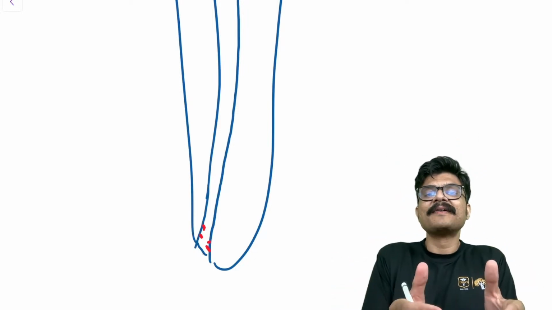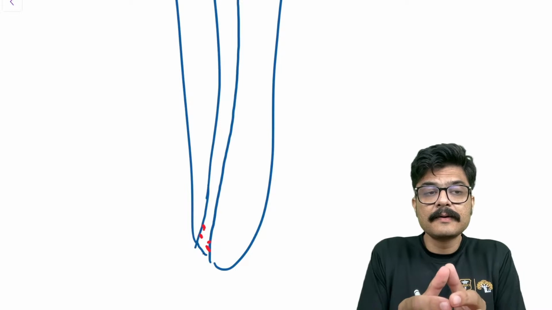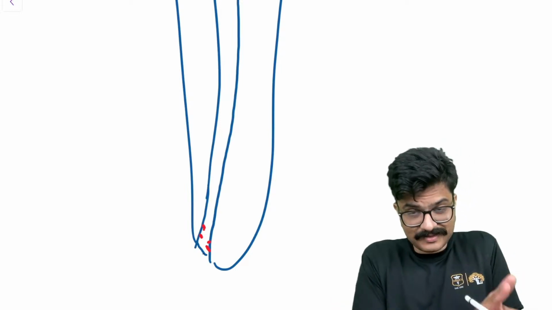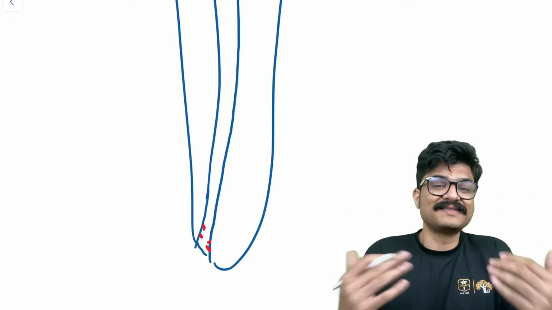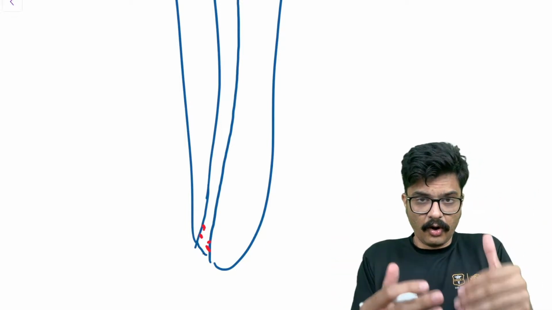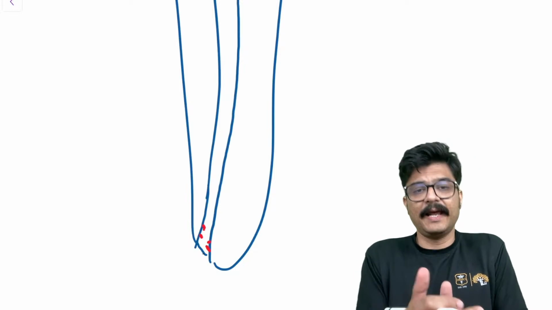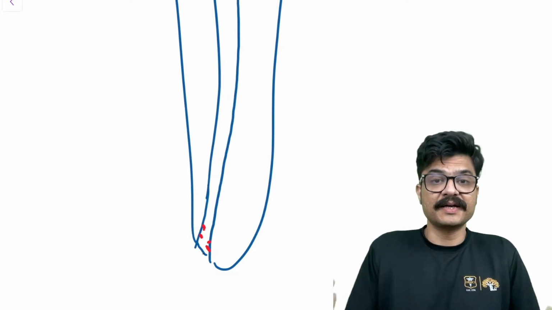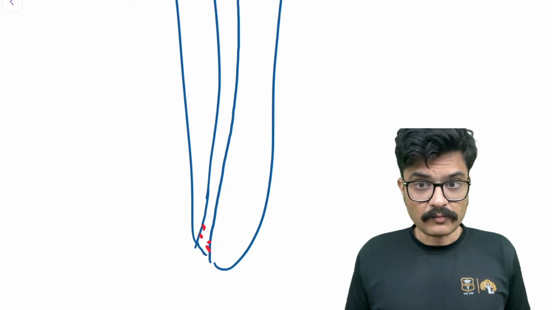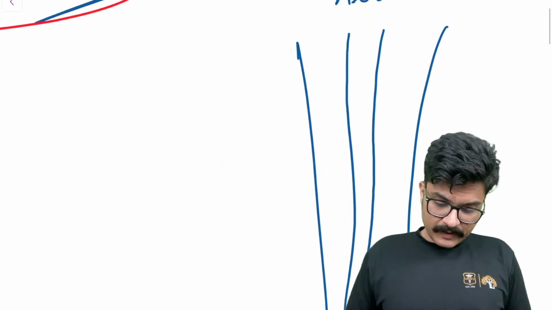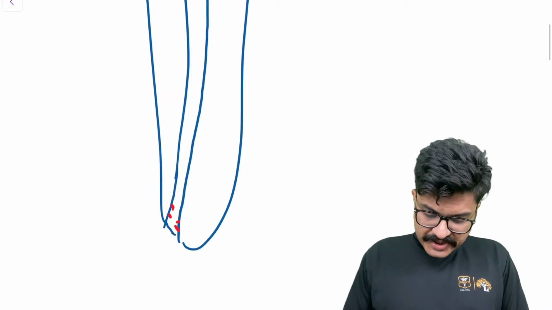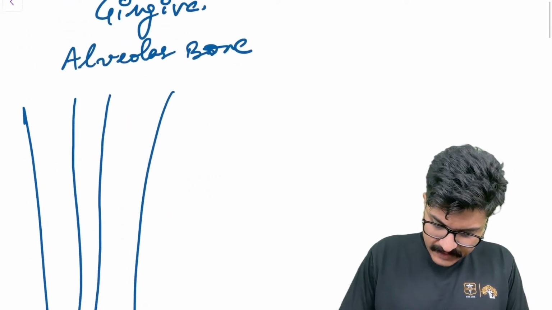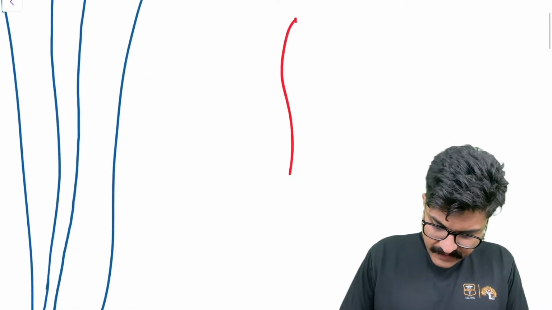You have to stop at one particular mathematical point, which is the smallest cross-sectional diameter of the unprepared root canal, and that is your minor diameter, which is your apical constriction. Right, guys? So apical constriction would be what part of the canal? So this is my root canal, guys.